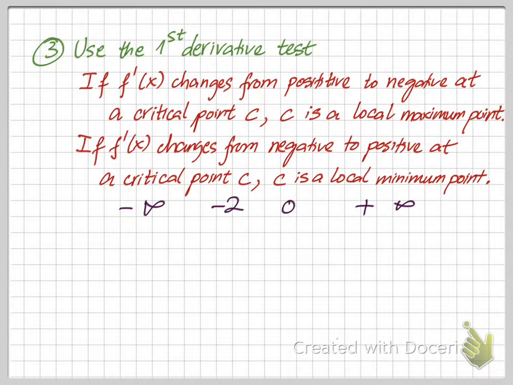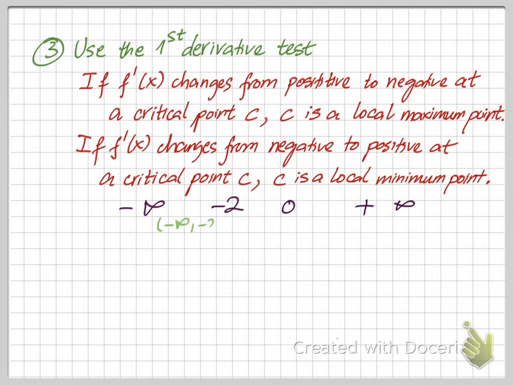So now we can populate a table to determine whether a critical point is a maximum point or minimum point using the first derivative. First, we come up with the domain of the function. The domain of the function is from -infinity to positive infinity, and then we add the two critical points, -2 and 0, into this domain.